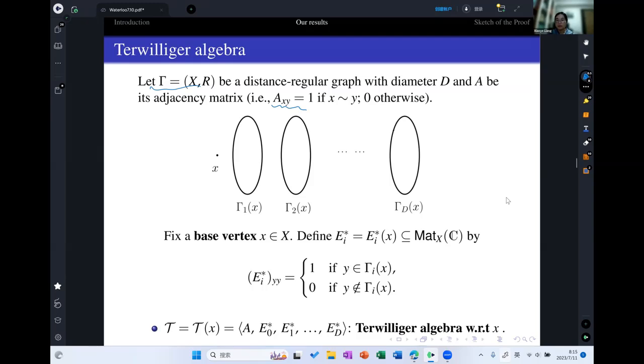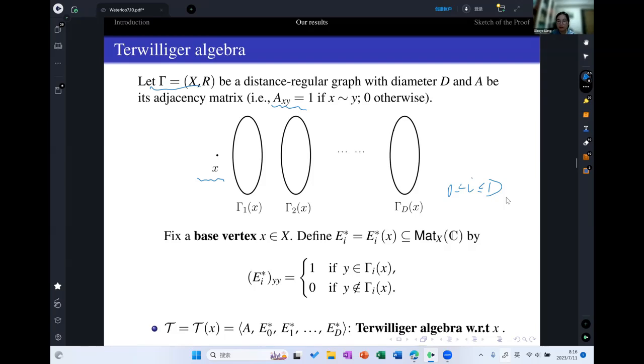And for this graph, if we fix a base point x, we can partition its vertex set into d plus 1 cells, that's gamma_i(x) for i from 0 to d.